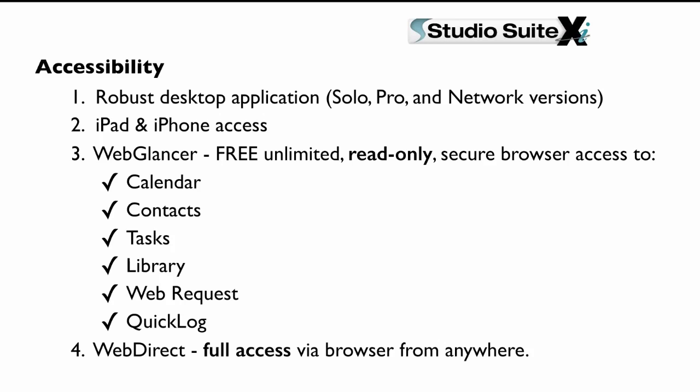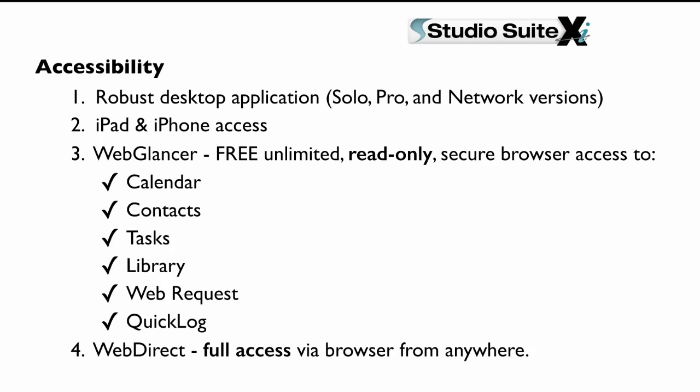Now, just a word on that. We're not promoting that as a primary access for your users. It's really still more of a secondary access. Your primary schedulers, budgeters, bookers, all those people, they're still going to want to use version 1 up top there. They can access it any of these other ways. And I just want to repeat for number 3, the Web Glancer, all of your staff and crew can access the calendar read-only to see what's going on.